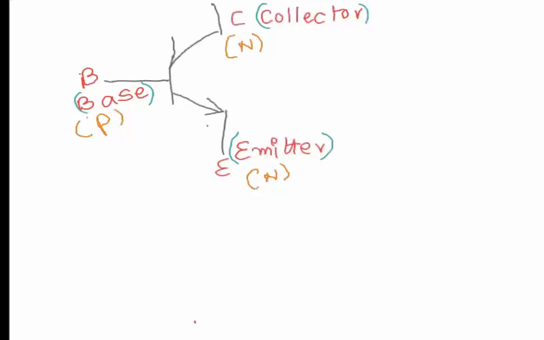Again, remember that N type is very rich in electrons, P type is very rich in holes. So the doping on the collector is N type, the doping on the emitter is also N type, but the doping on the base is P type. So that's for an NPN transistor.